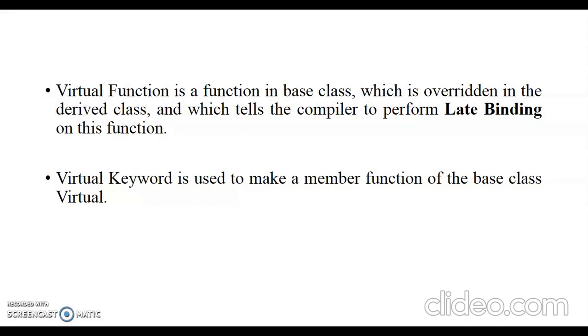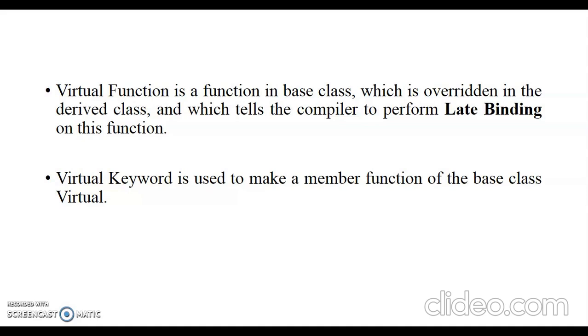When we have two functions with exactly the same signature and name in the base class and derived class, in superclass and subclass, or parent class and child class, then we make the parent class function a virtual function. By making it virtual, it tells the compiler to perform late binding on this function, meaning this function will be bound at runtime.